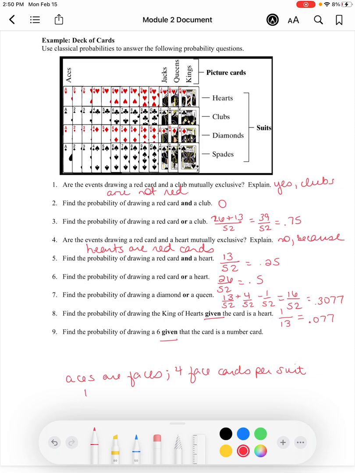So there are 16 face cards, and therefore, there are 36 number cards. So out of those 36 number cards, there are 4 sixes. And that gives you a probability of 0.111.